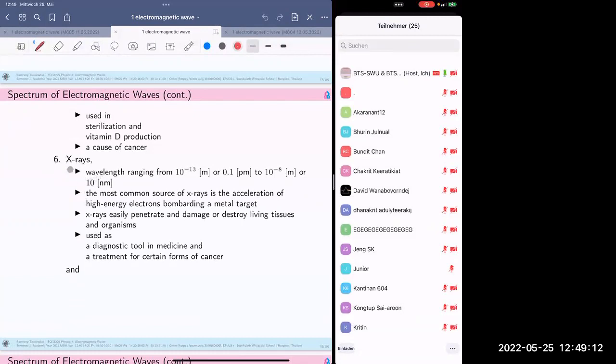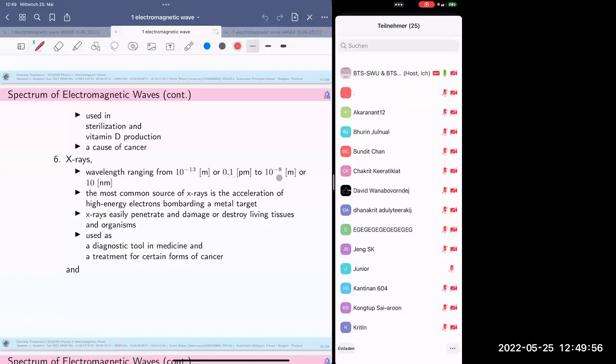Now let's talk about X-ray. X-ray is maybe quite familiar to us, because you may have heard the word X-ray when you go to the hospital to look at your chest, right? X-ray has a wavelength from 10 to the negative 19 meter, or in terms of an appropriate scale, 0.1 picometer. You know, pico is 10 to the negative 12, and you have one additional negative 1 here.